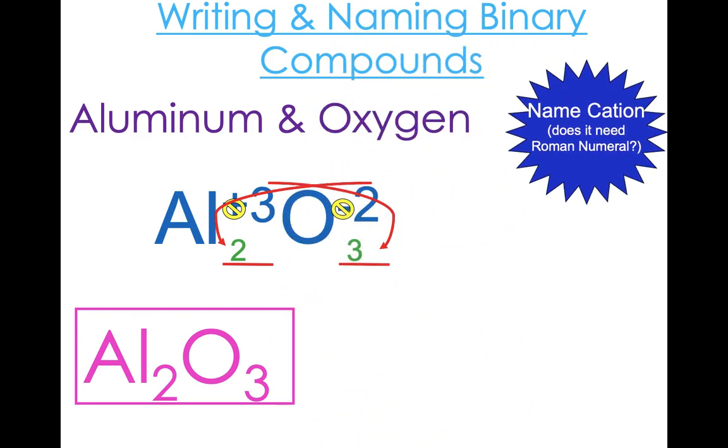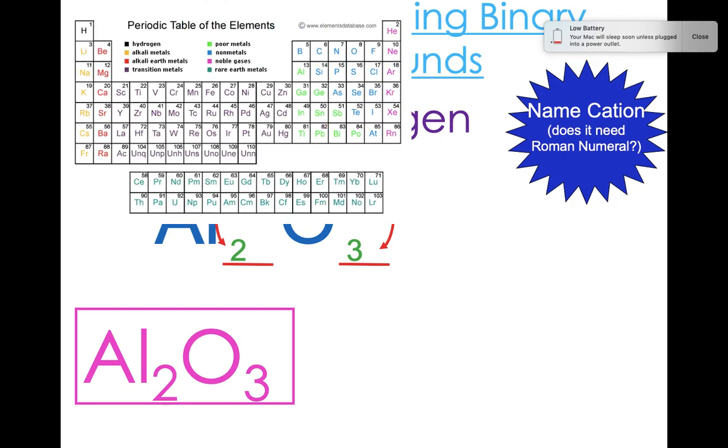When we name cations, which would be the positive ions, our metals, we need to take into consideration whether or not that metal needs a Roman numeral. Some metals have more than one form of their ion. So let's take a look at the periodic table. Let's find aluminum.